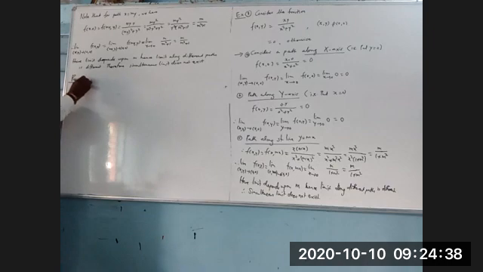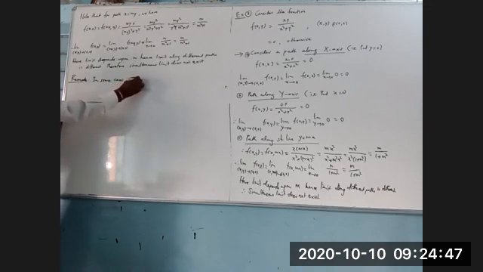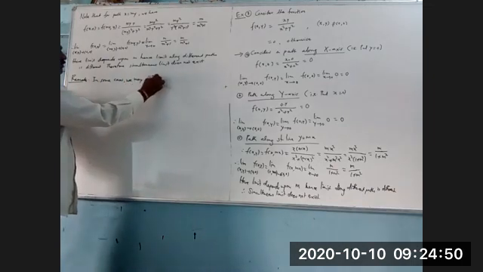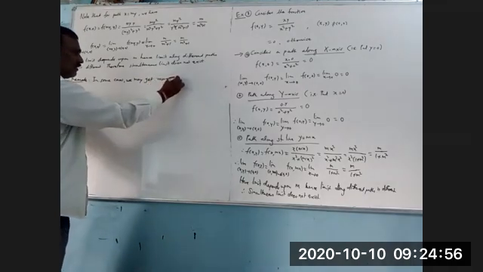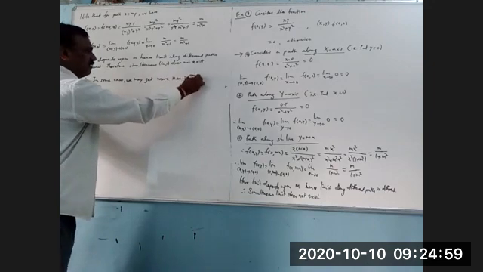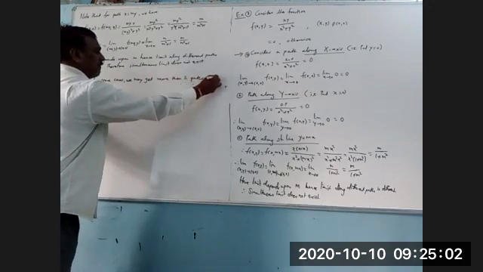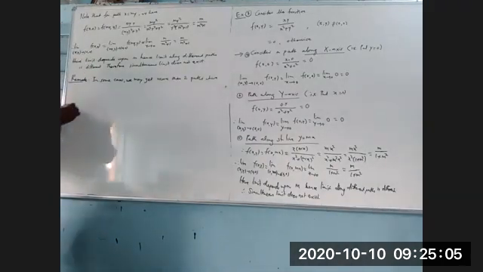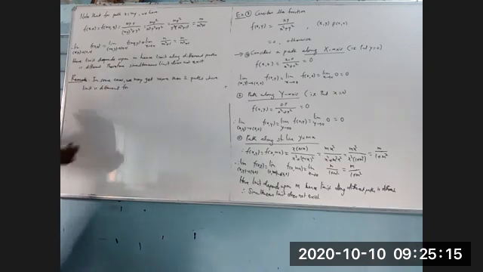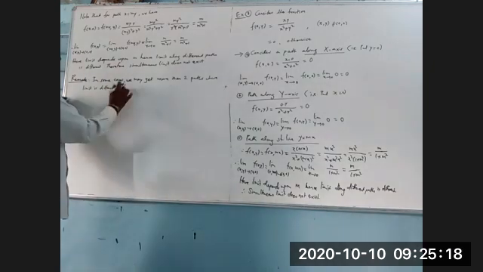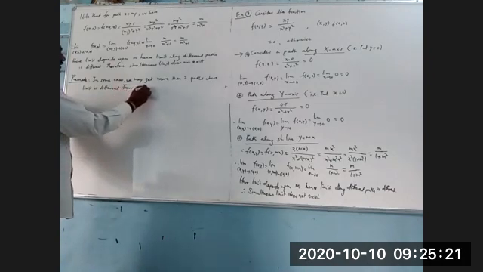In some cases, we may get more than one path, more than two paths, where the limit is different from other paths.